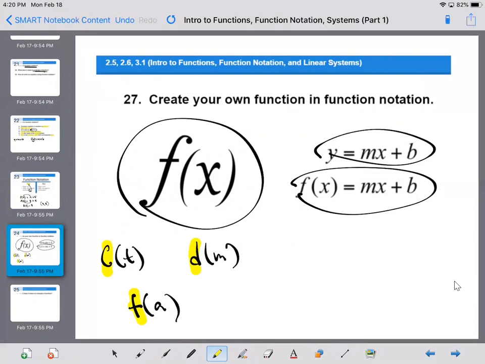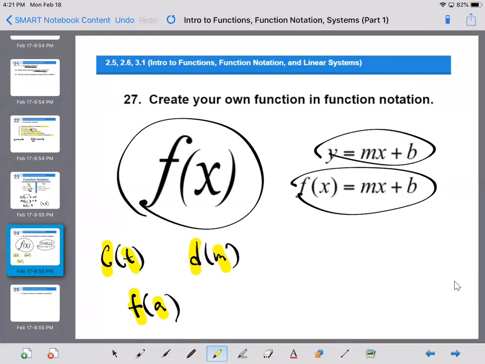We could call the f for anything. Could be food amount. And the inputs all represent whatever that input could be. So t could be time, and m could be minutes, and a could represent something.